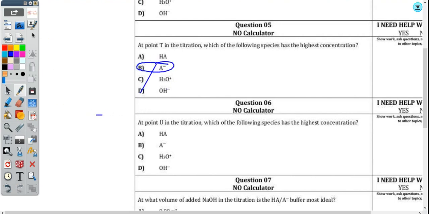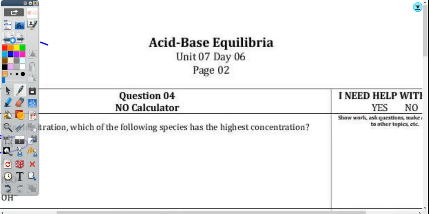And then I get to point U, right? As you think about the titration, when I get to point U, I'm way up here. I've gone past the equivalence point. I've got like 50 mils of 0.1 molar sodium hydroxide.